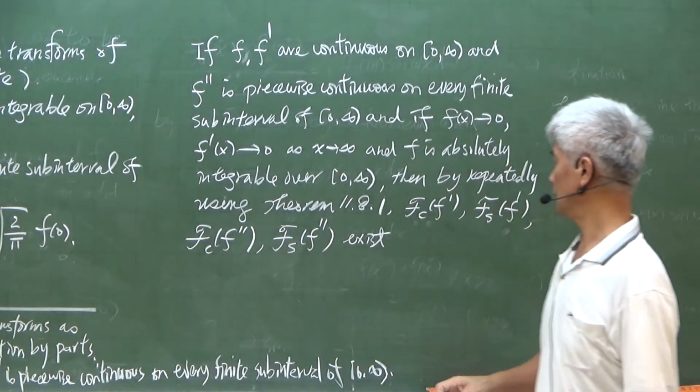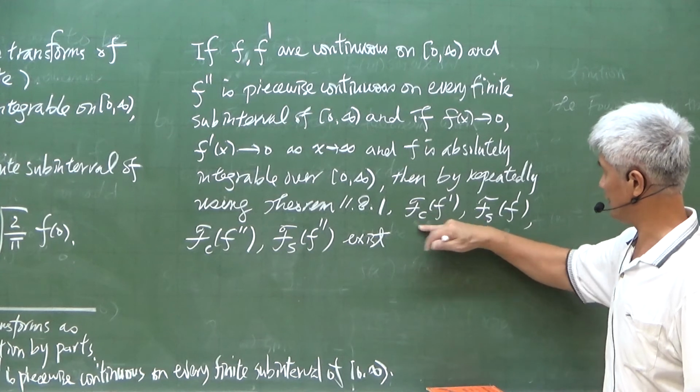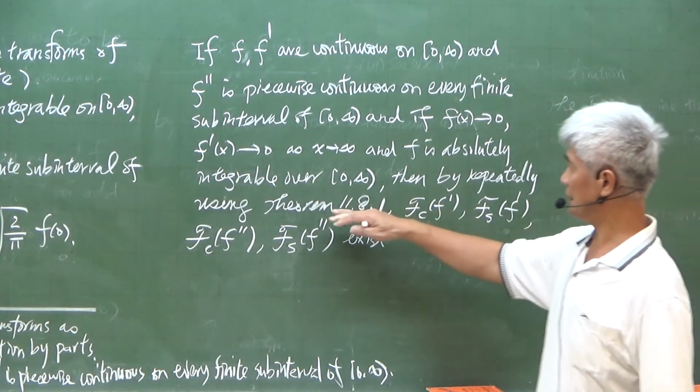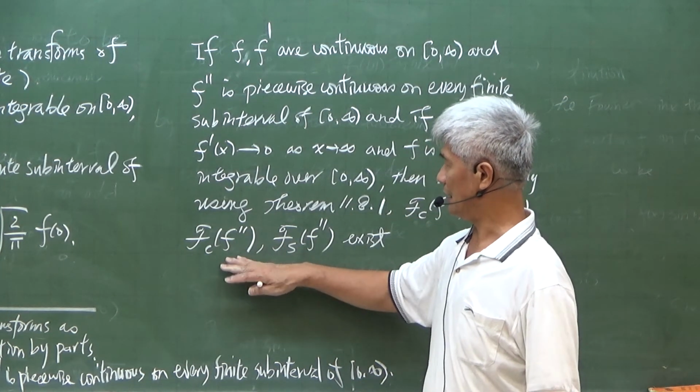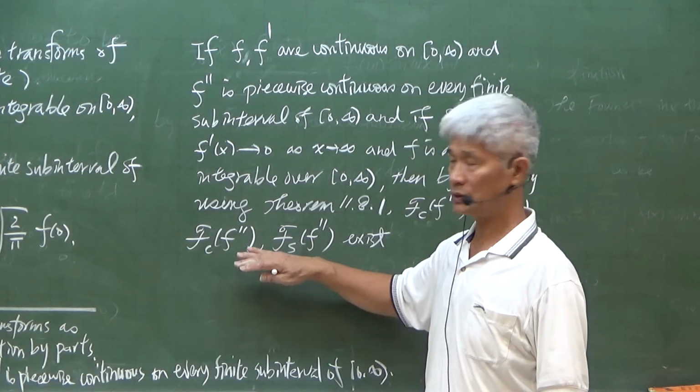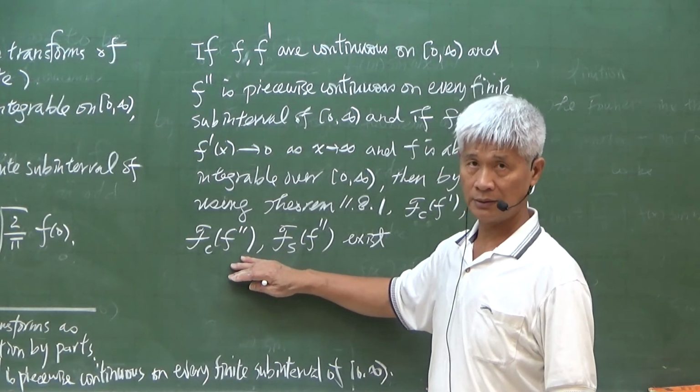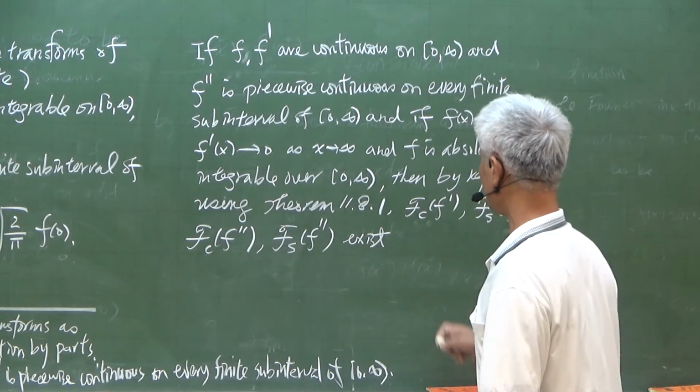So we accept the existence of these two, and then apply the theorem again to say that these two also exist.